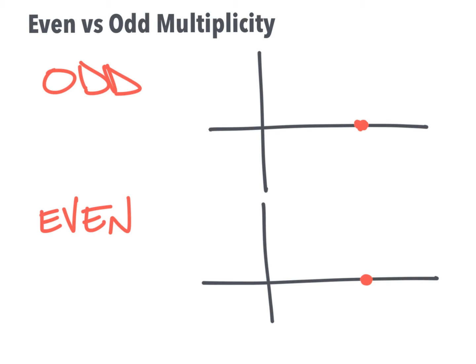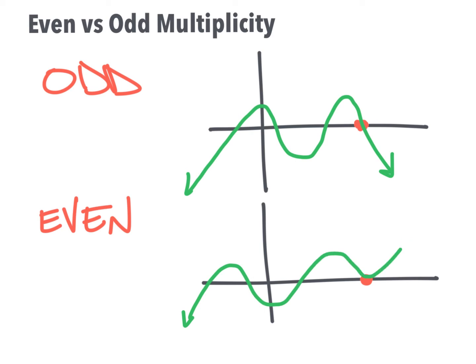So as this polynomial is traveling along, whenever it gets to a root with odd multiplicity, it will continue through the x-axis. Now, if it has even multiplicity, it will not continue through, it'll bounce. So whenever I get here and it has even multiplicity, then I bounce. And if it would have hit it from down here, it would have bounced down.